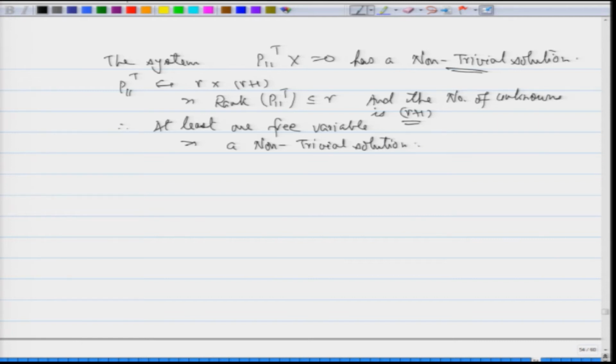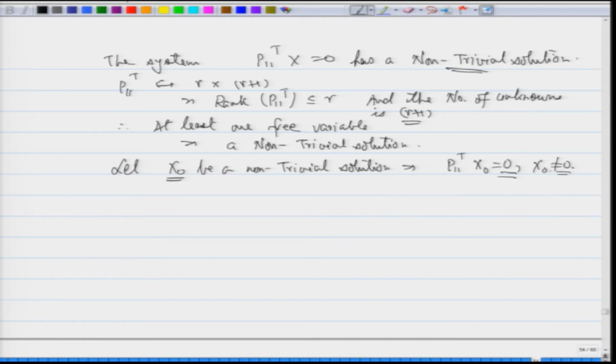Fine. So, let x naught be a non-trivial solution. This implies that P11 transpose x naught is 0. Fine. And we have x naught is not equal to 0.